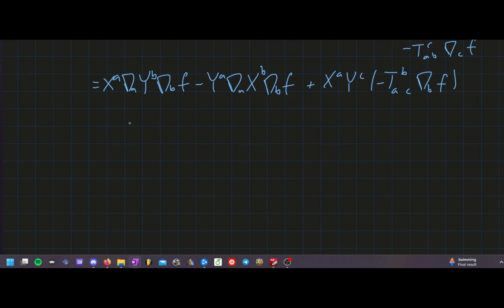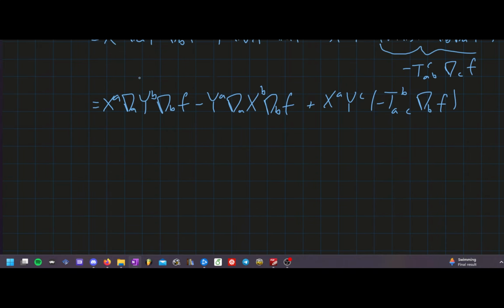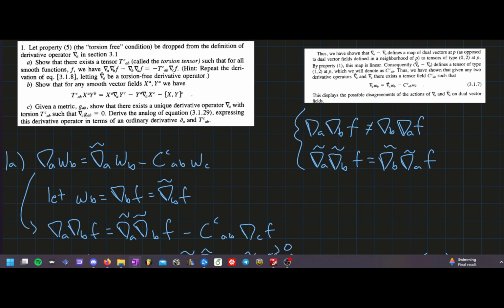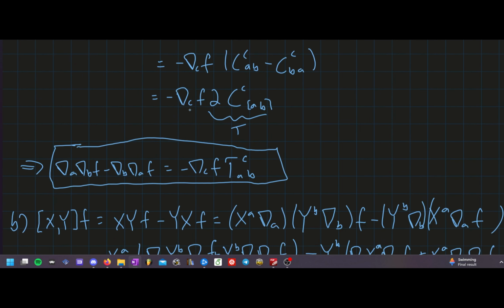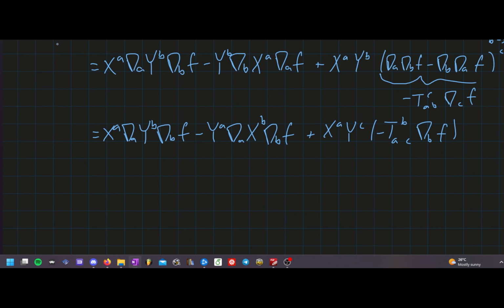Okay, so now what we're actually interested in is the component of the commutator, if you remember. What actually shows up in this equation is the commutator of x and y acting on f. So let's pull out the component now. For us, this is going to be the bth component. So [x, y], bth component, is x^a nabla_a y^b, and then we take away the nabla_b f here.